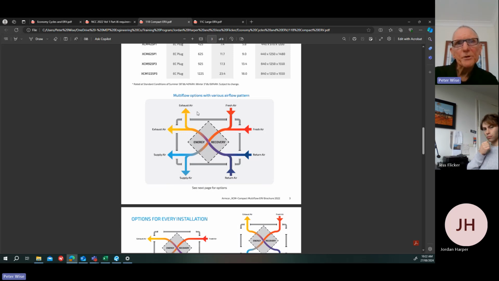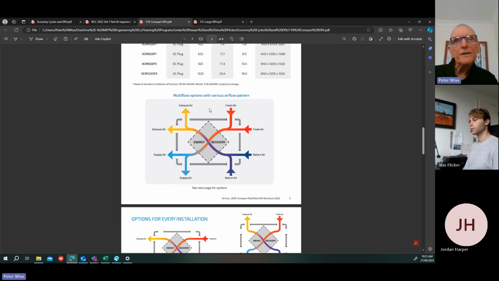So it's just return air that's being exhausted out. It's a good idea to keep these as far apart as you can, because one air stream is going to be potentially cooler or probably hotter. Anyway, try and separate them by as much as you can.